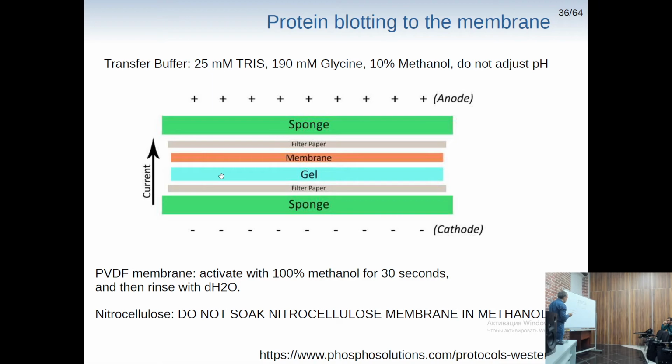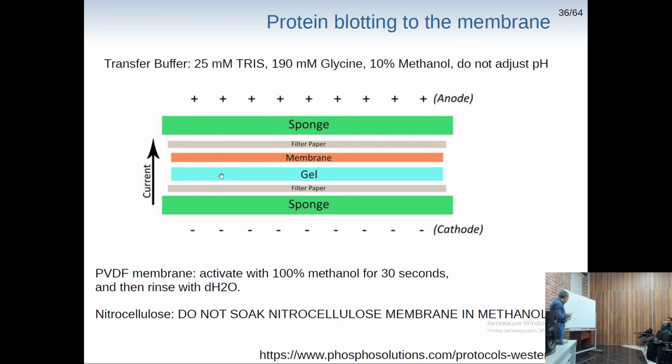Also, those proteins wouldn't be fully exposed to antibodies. What we want is something on top of which our proteins are just lying and are presented to antibodies. That's the main reason why we want to transfer our proteins from gel to some membrane.